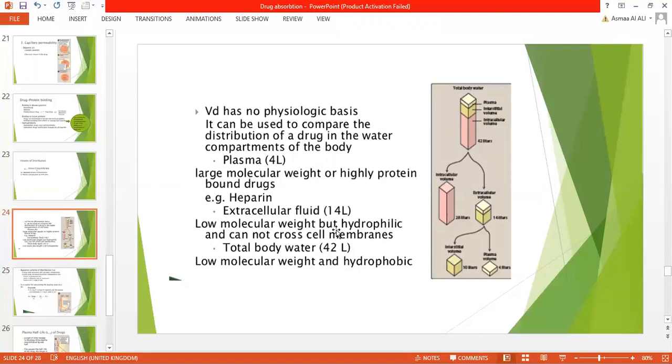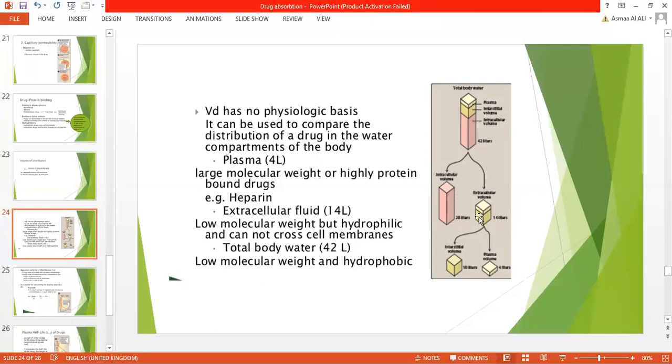Total body water, which is the body fluid of plasma, interstitial volume, and intracellular volume, is equal to 42 liters, divided into extracellular volume of about 14 liters and intracellular volume of 28 liters.